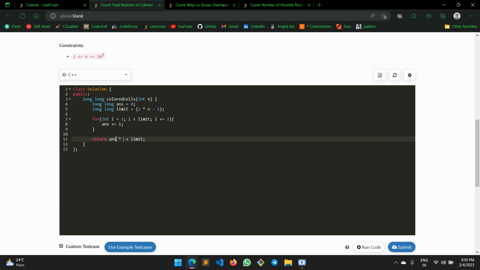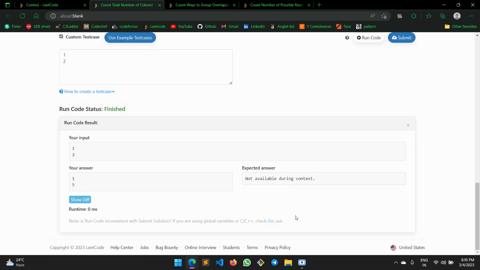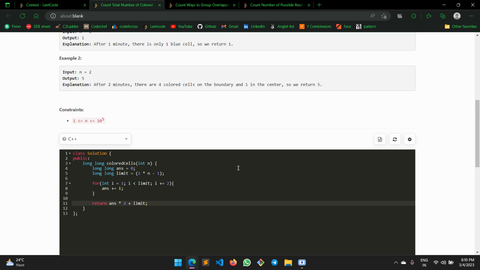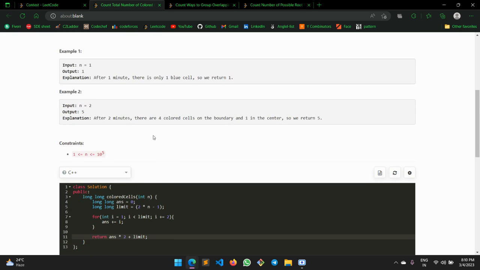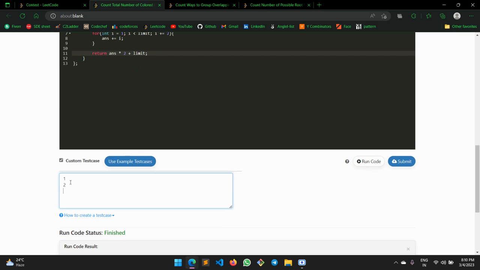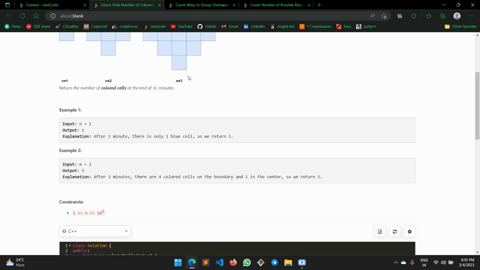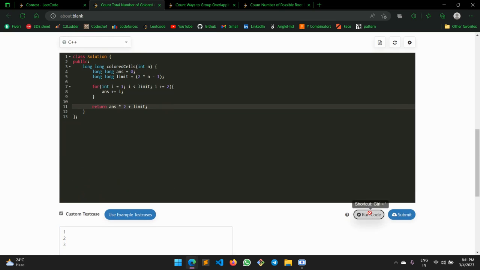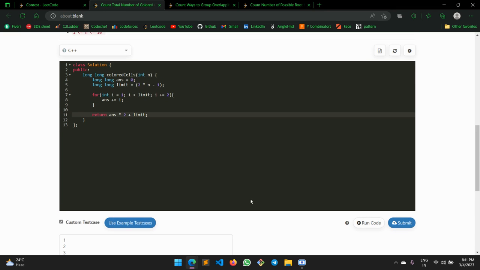Oh, we wanted to multiply it with 2. 1, 5. Okay, that makes sense. Let's make it 3. See if we get 13. We get it. I think it should work.